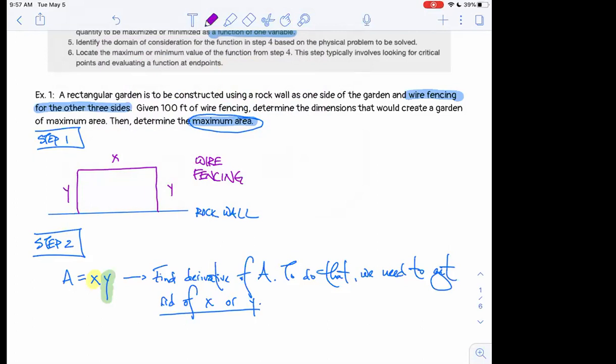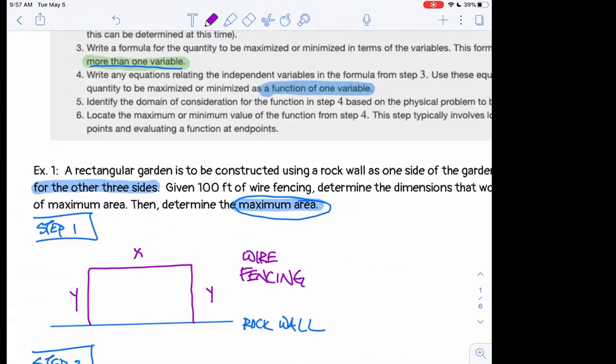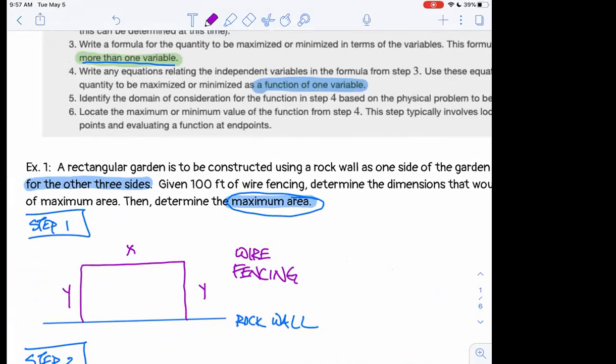In step 1, I said everything in the purple is wire fencing, and I know that I have 100 feet of wire fence, and that is going to go everywhere that I see the purple. So it's going to be y plus x plus y, so y plus x plus y equals 100. Then I'm going to combine some like terms, so I get 2y plus x equals 100.